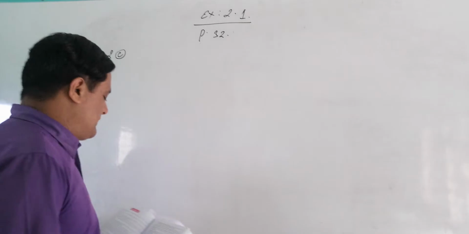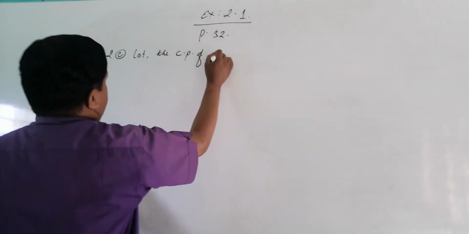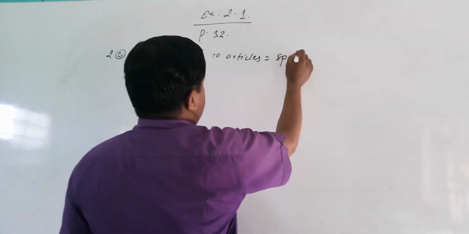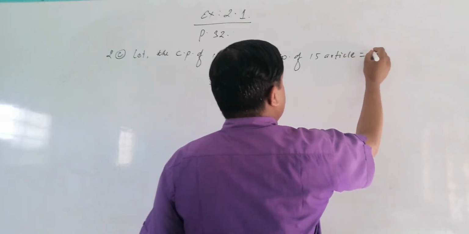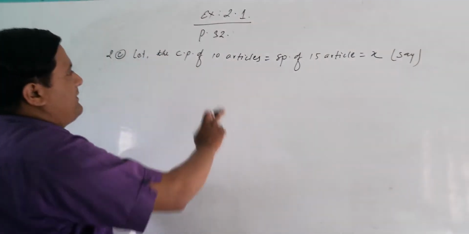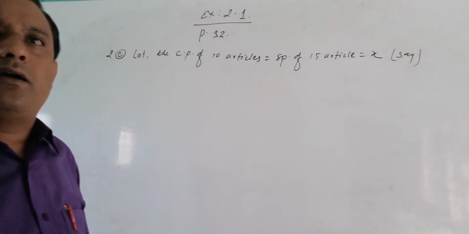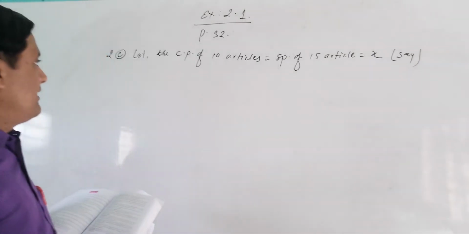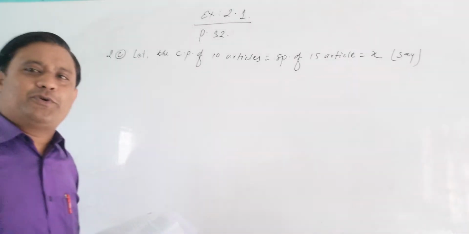First of all you have to suppose: let the CP of 10 articles equal the SP of 15 articles equal X. You have to suppose that if the CP of 10 articles equals the SP of the 15 articles, that you have to suppose X.